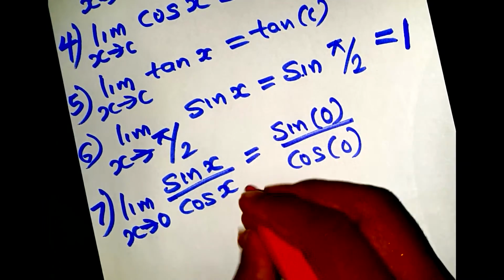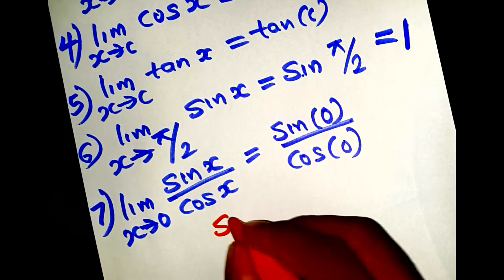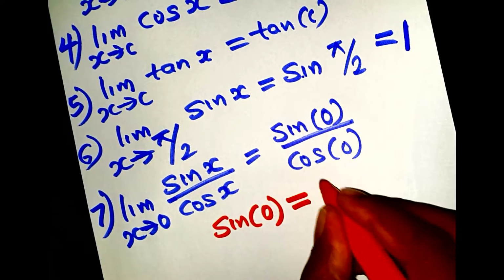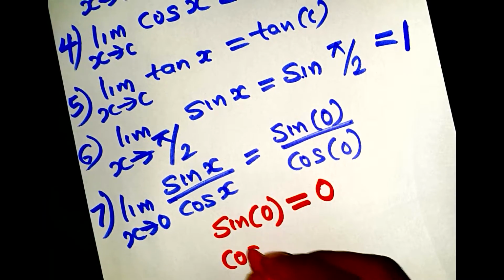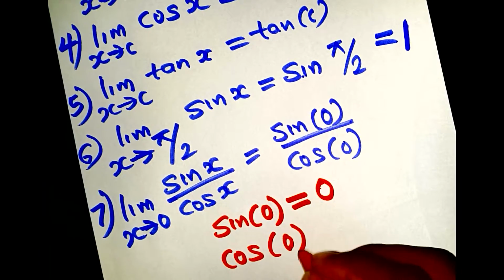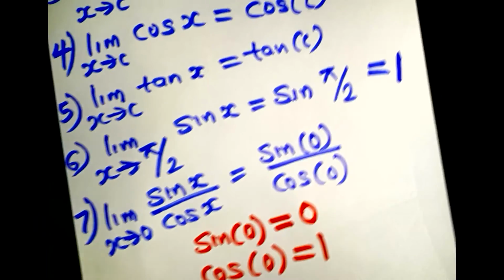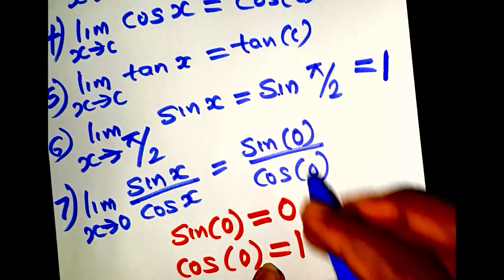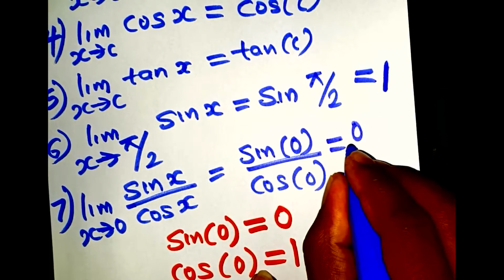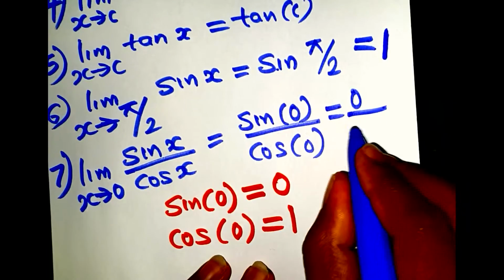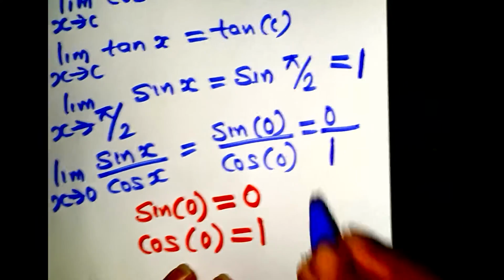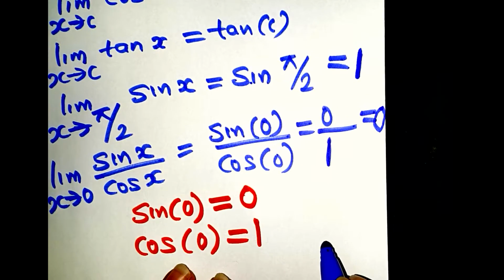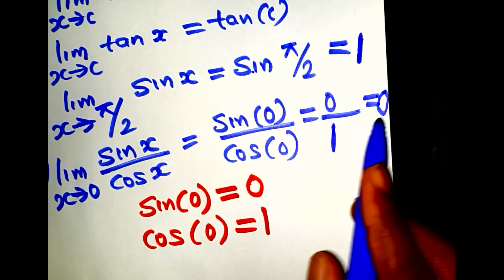Have it in mind that sine 0 is always equal to 0, and cosine 0 is always equal to 1. So what would this answer be here? Sine 0 is 0, over cosine 0 which is 1, which is equal to 0.